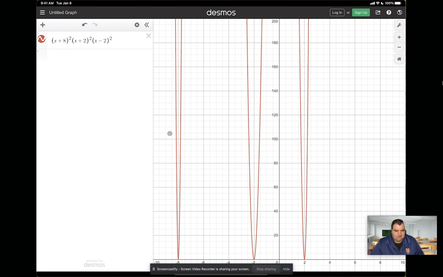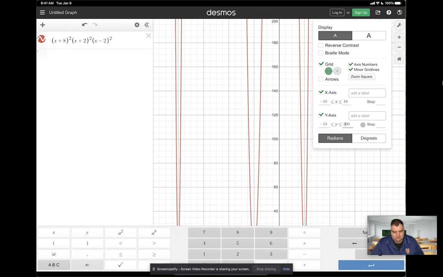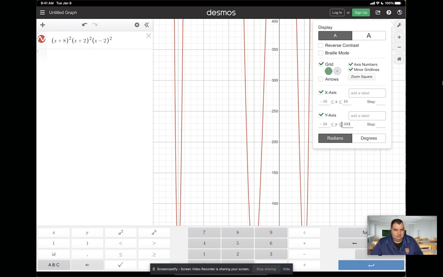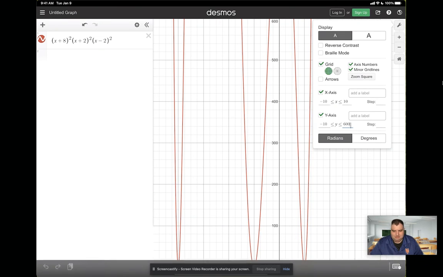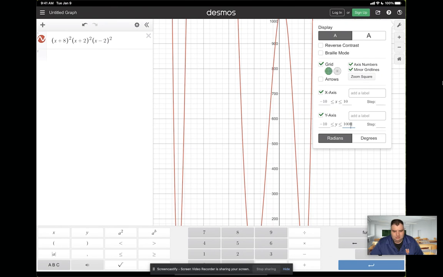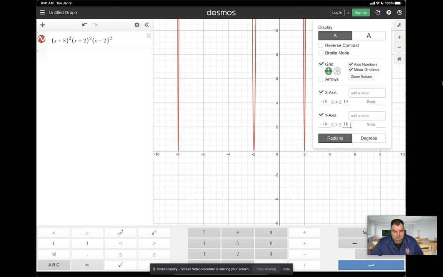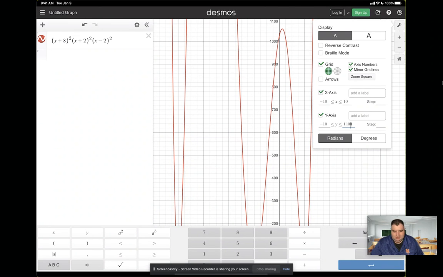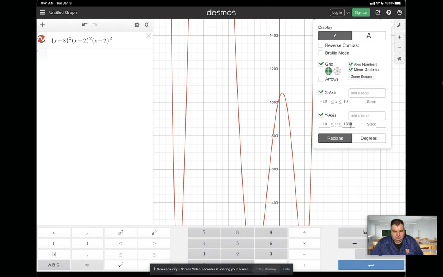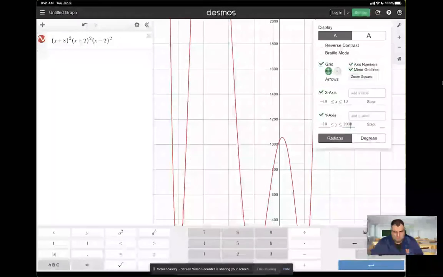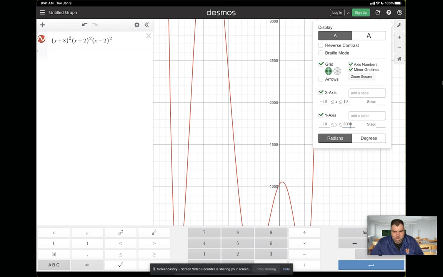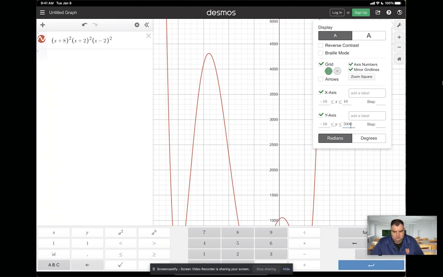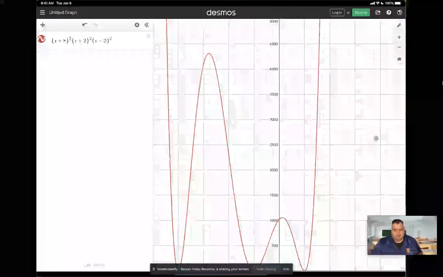You can see it comes down, then it comes up. Obviously, I need to go higher. So let's make this 400. Let's make that 600. So we're going to keep going up until we can see the whole thing. And you might have to do this on your computer as well. Okay, here we go. Here's a good picture of the graph here.